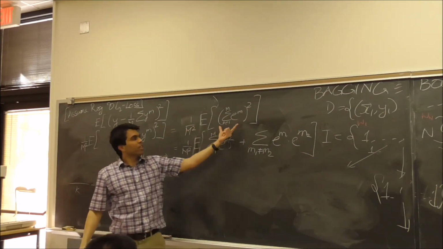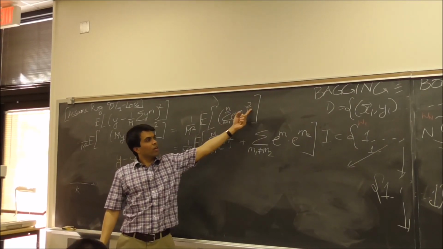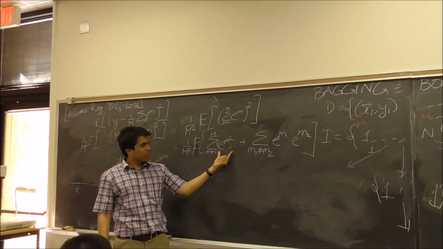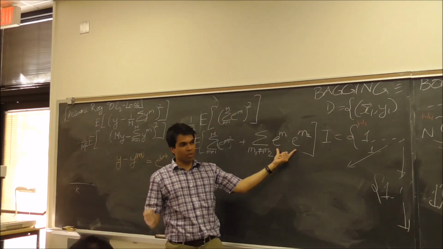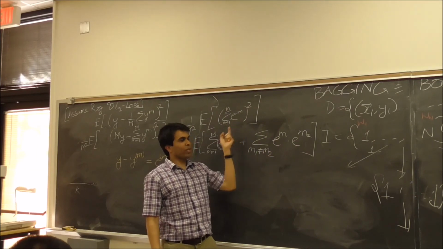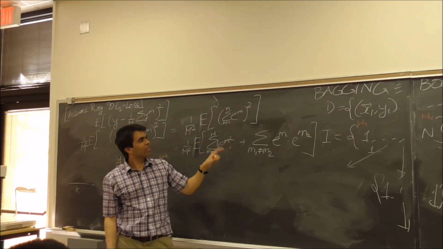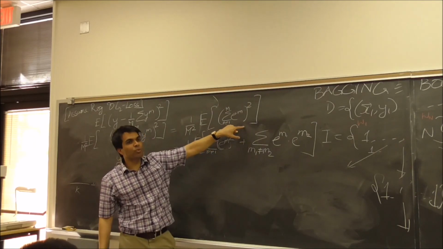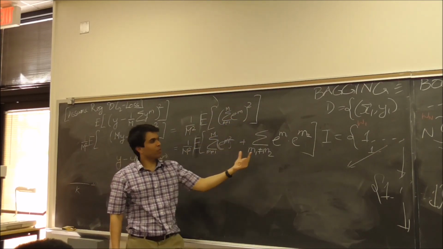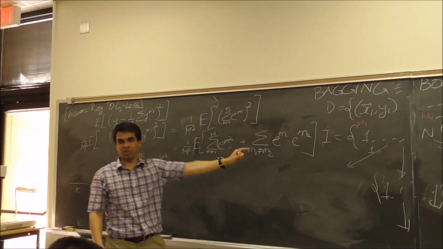I just opened this, so the expectation is still sitting outside. It was a summation of a bunch of errors, the whole squared, which is equal to the summation of squares plus the summation of the cross terms. So (a1 plus a2) squared is a1 squared plus a2 squared plus 2 a1 a2, which is the same as a1 times a2, a2 times a1. This is all the cross terms.